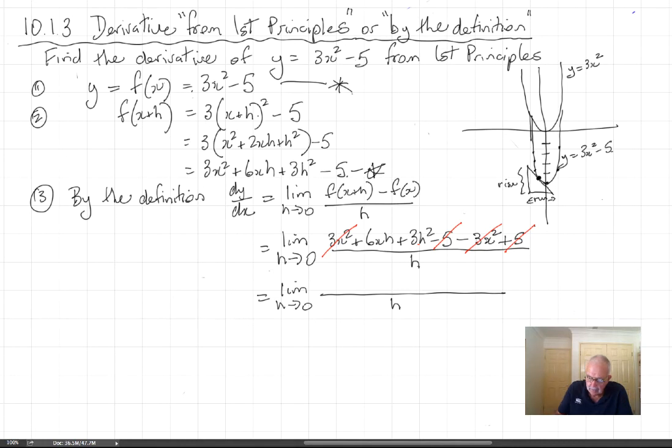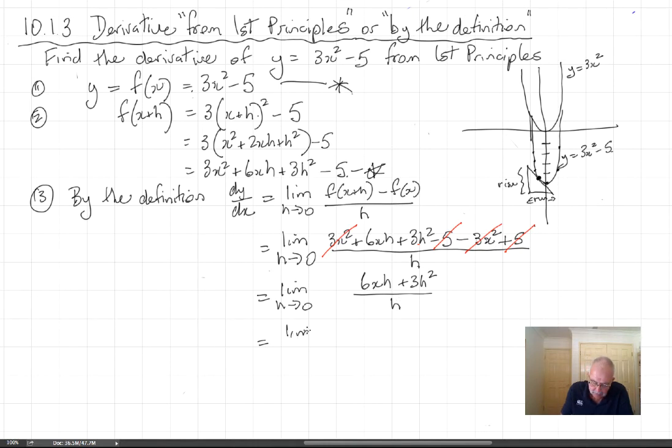All right, so we don't need a line that big either. We've got only two terms, 6xh plus 3h squared. Still can't, because if we put h equals 0, we've got 0 plus 0 over 0, so can't do that.